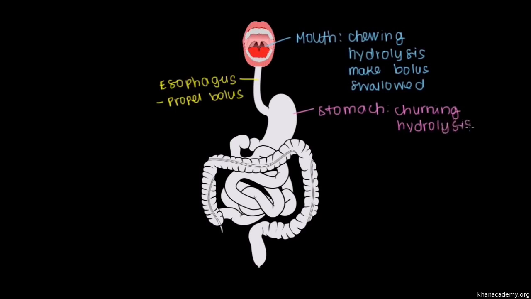In addition to that, you can store food in your stomach if it's not time to pass it on to the next component of your GI tract. And the overall goal here is to make what's called chyme. So we take our bolus and we sort of melt it down, per se, into this more fluid type of substance that we can pass on to our intestines.